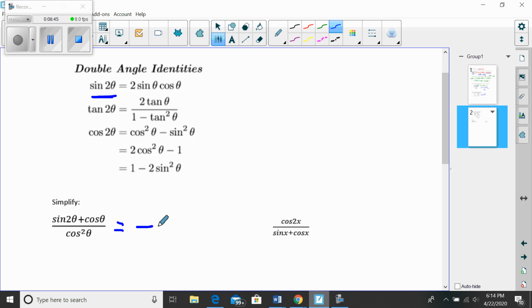Okay, but again, using sine, I've got sine 2 theta, right? That means I need to substitute for its equal. So anywhere I see sine 2 theta, I put in 2 sine theta cos theta.